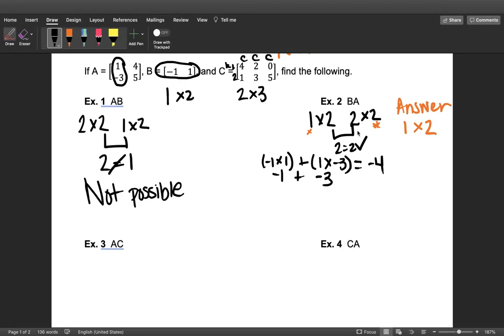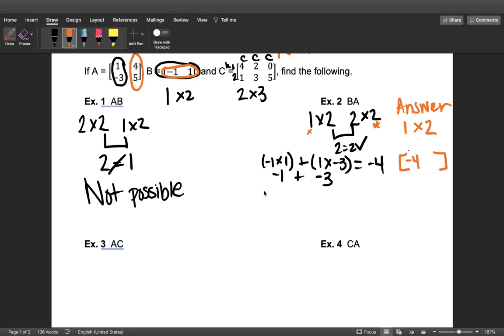Okay, now we need to do it again using the first row. So the answer, if it's a 1 by 2, is going to be pretty small. My first one is -4. Now I'm using my first row, second column.